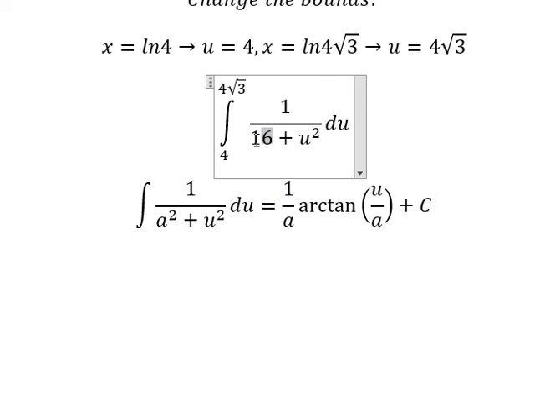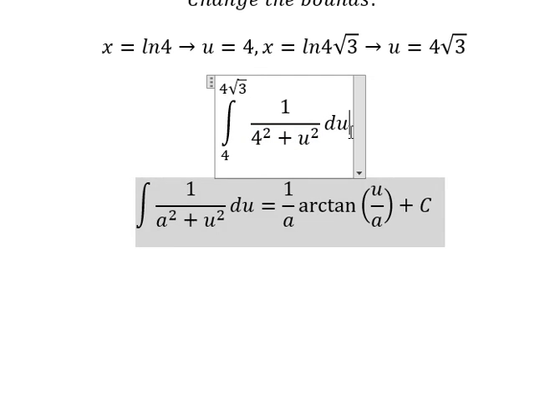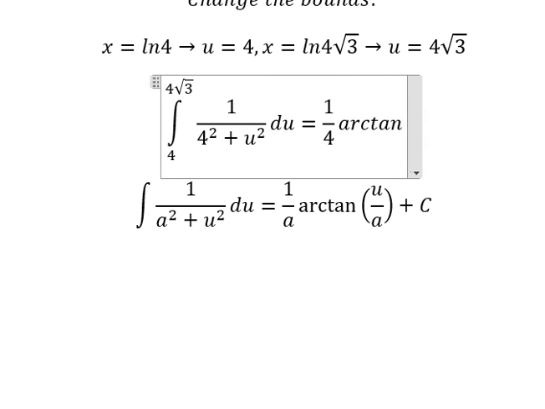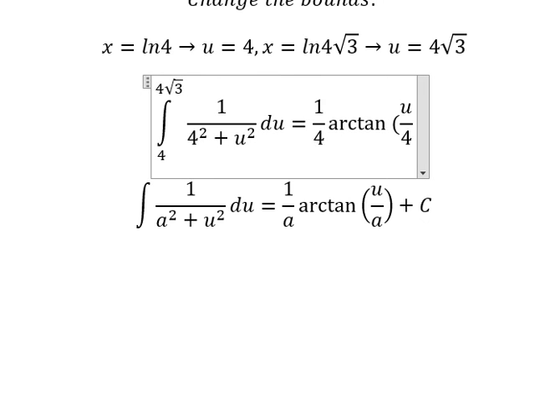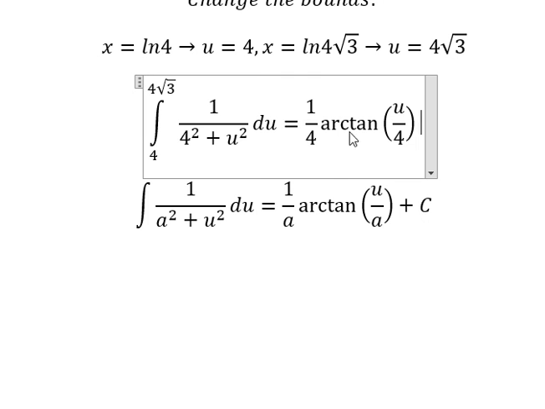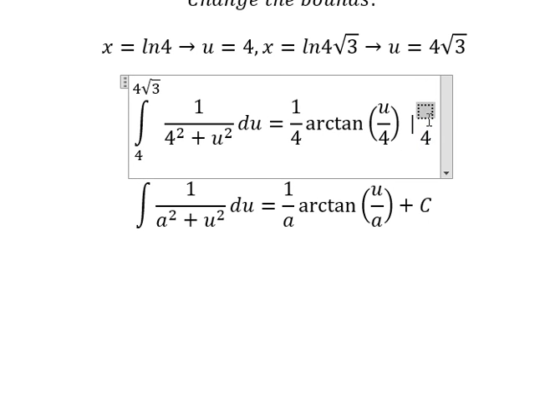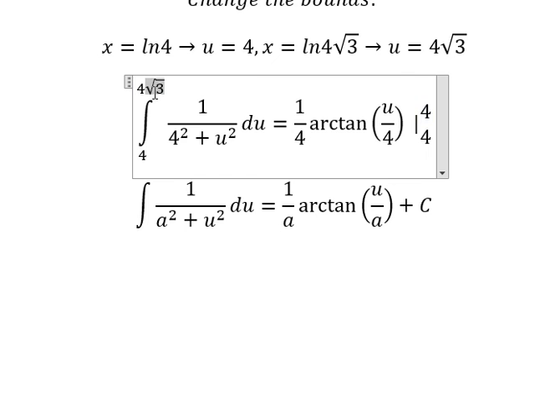So 16 we change by 4 squared, and now we can apply this formula in here. And I will put the bounds from 4 to 4 square root of 3.